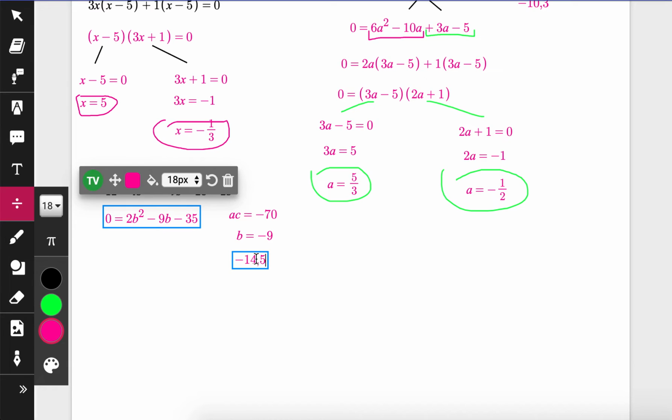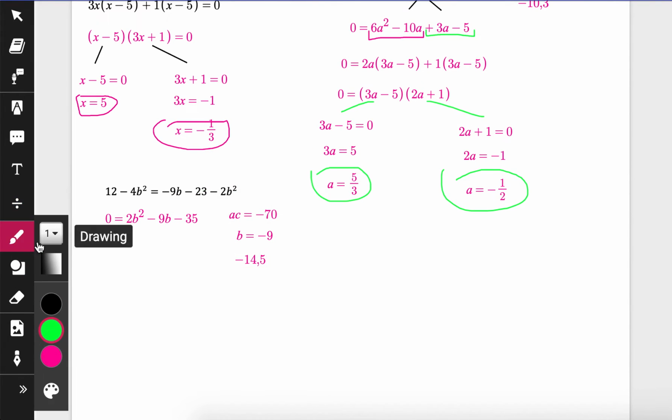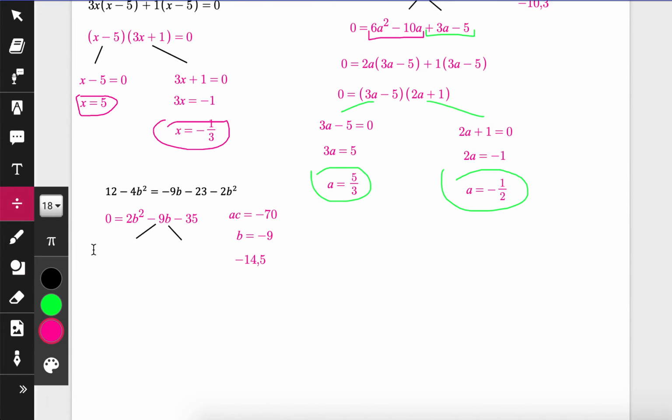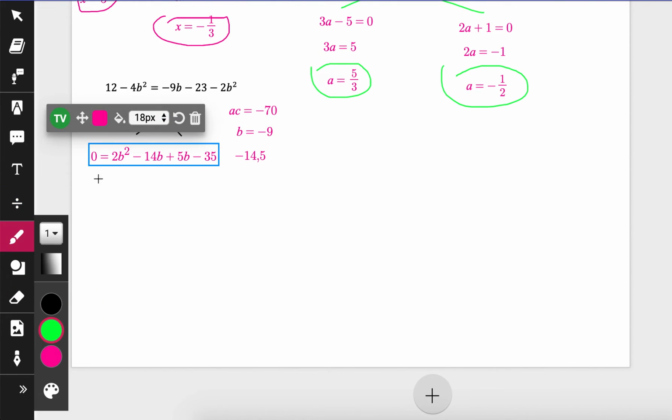You can check that these two numbers multiply to negative 70, and they also add to negative 9. So that tells us now how we're going to split up this negative 9b. 2b squared, I want to split that into negative 14b and a positive 5b, minus 35, and this should allow us to factor by grouping.